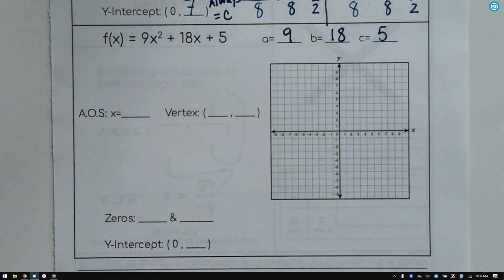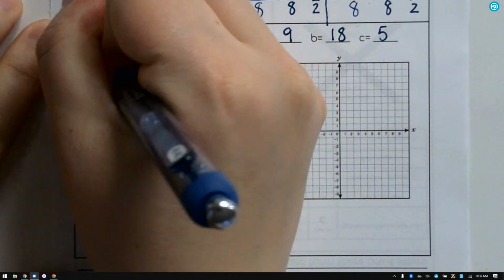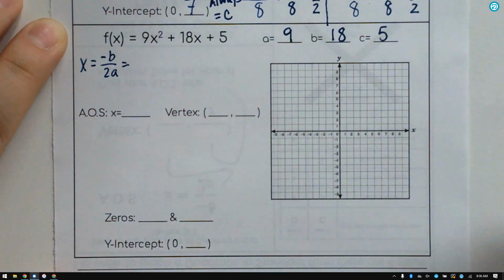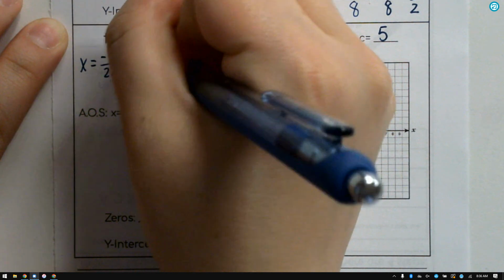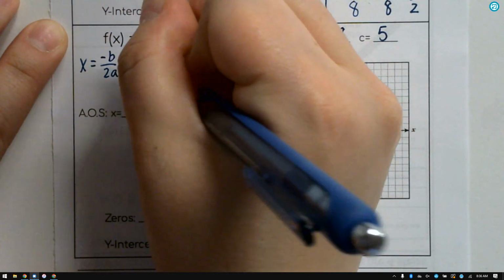To find our axis of symmetry, we always do negative b over 2a. So it's going to be x equals negative b over 2a. Negative b would be negative 18, and then 2a is going to be 2 times 9.